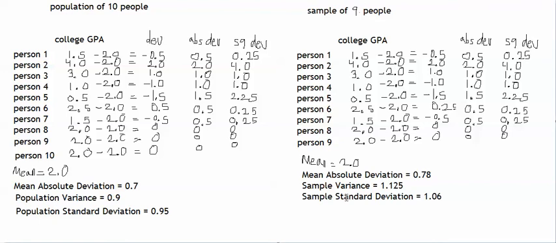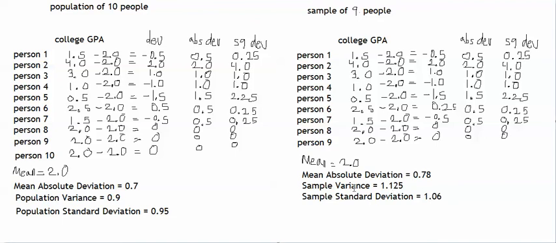And the purpose of that adjustment is to make the sample variance and sample standard deviation come out to larger numbers than they would otherwise. When you divide by one less than the number of numbers, you get a bigger answer for the variance, and then the standard deviation also comes out larger, because when you take the square root of a larger number, you get a larger number.